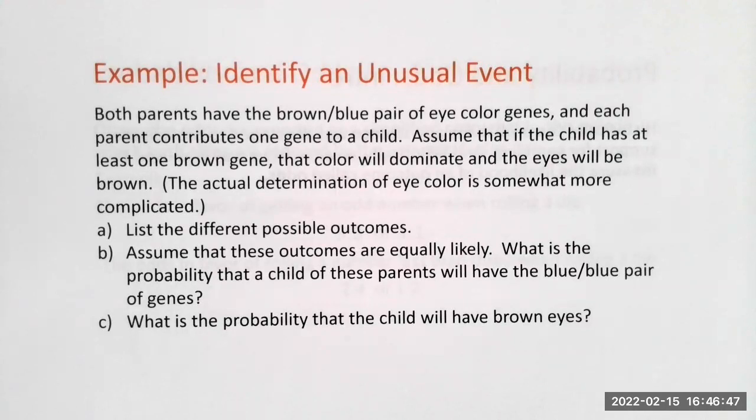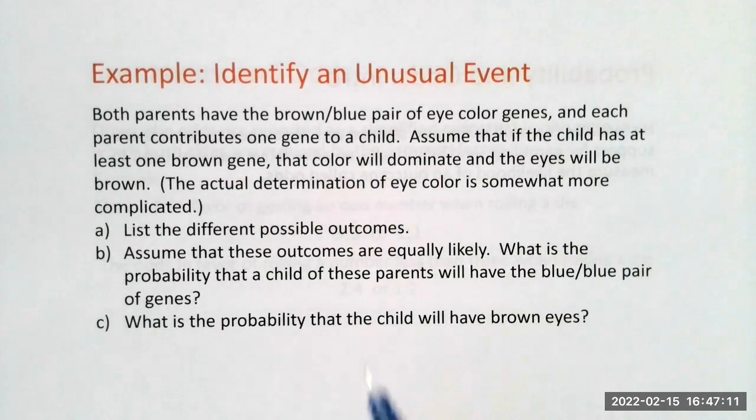Question A, list the different possible outcomes. And question B, assume that these outcomes are equally likely. What is the probability that a child of these parents will have the blue pair of genes? And what is the probability that the child will have brown eyes? Okay, so let's list all possible outcomes.